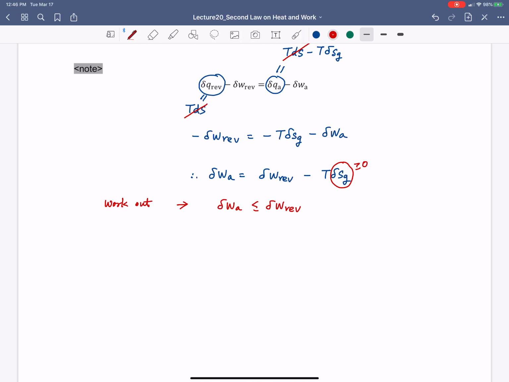So we can define the second term, T delta SG, as work loss, or we call that lost work, or we use a new term, irreversibility, and we use the symbol I.